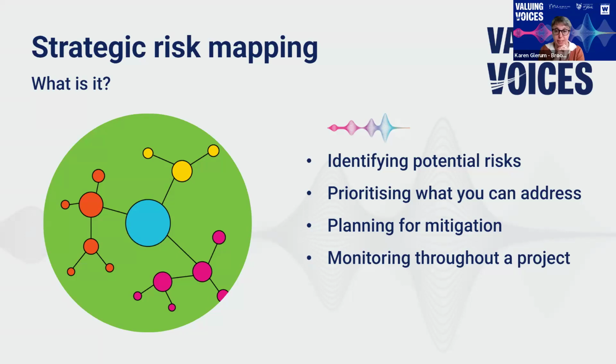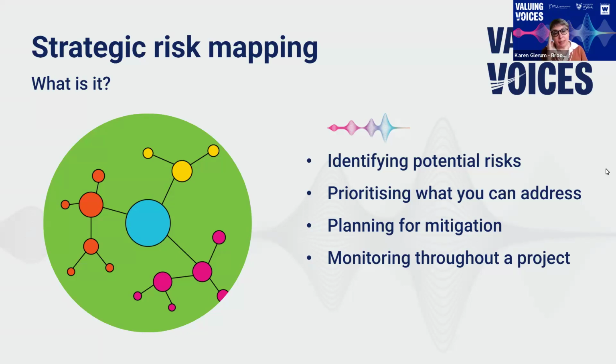Plan for mitigation, and what's also very important, monitoring throughout a project. A lot of the times we write a research proposal, we think about the risks then, but we don't really follow up with that throughout the project until a risk just appears, and we have to deal with it right there, right then, in maybe a bit more haphazard way than you would like to.